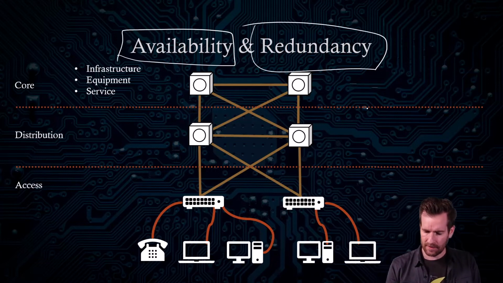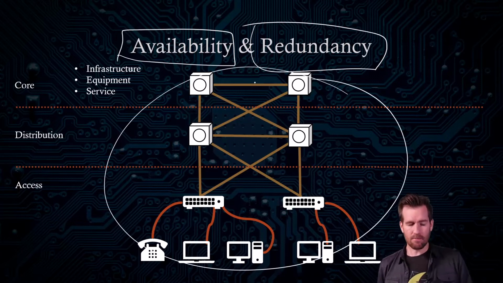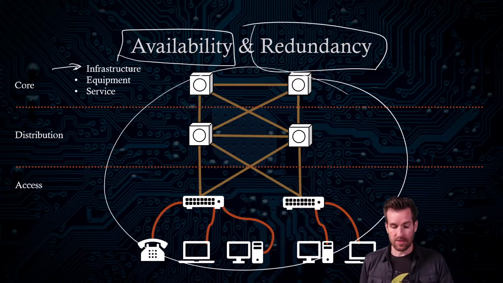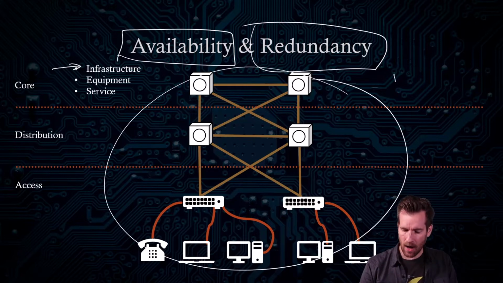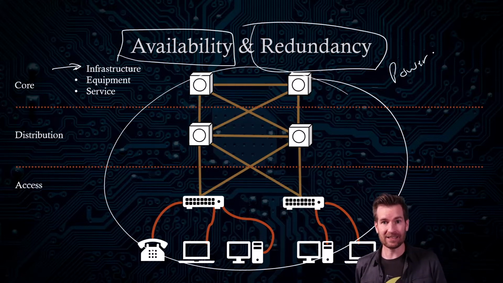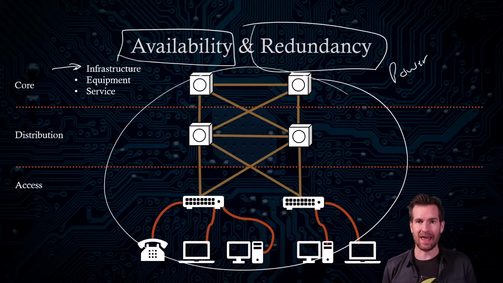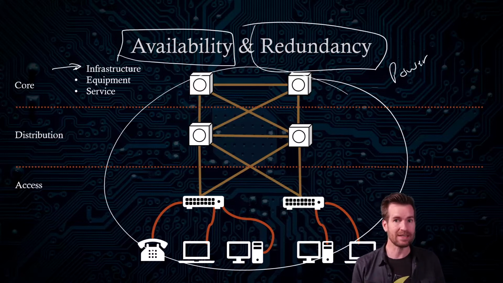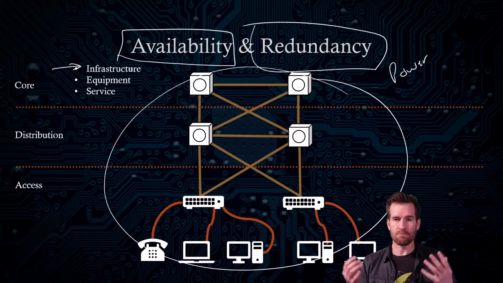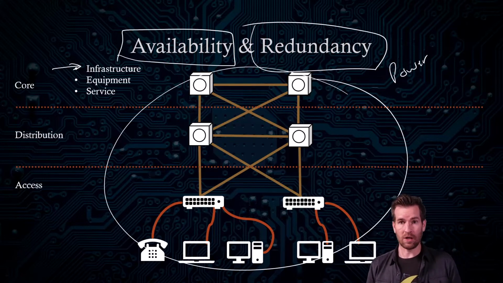Here's an example of a network right here where we maybe want to have some sort of redundancy involved. First of all, we have to have redundancy within the infrastructure. What that means is that this network has power going to it, and we need to make sure that if that power fails, there's a backup solution. Many data centers have 2 or 3 different power sources of different types to back up their whole network.